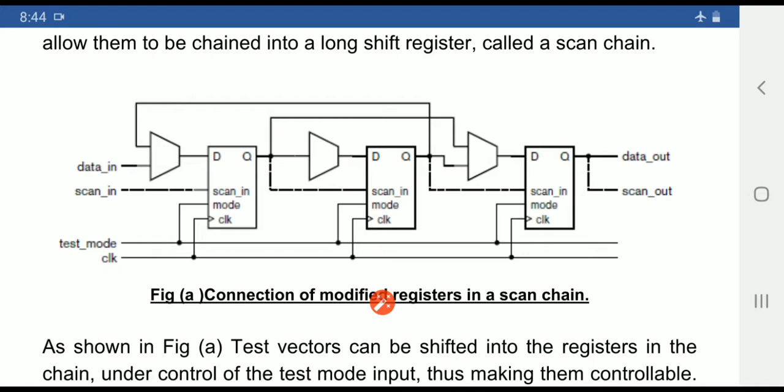Now we'll assume that the clock signal is applied to the scan chain, to each flip-flop. The output is available at the Q output, where we can observe the outputs. Now the scan in data is compared with the outputs of each flip-flop.